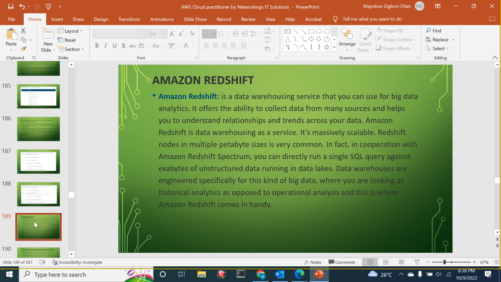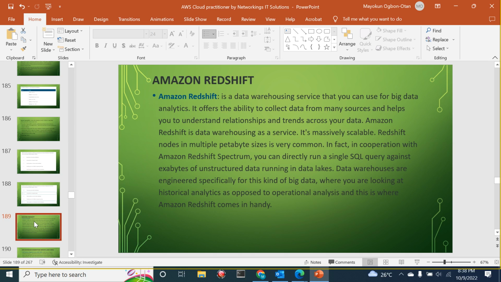In fact, in cooperation with Amazon Redshift Spectrum, you can directly run a single SQL query against exabytes of unstructured data running in data lakes. Data warehouses are engineered specifically for this kind of big data, where you are looking at historical analytics as opposed to operational analysis. And this is where Amazon Redshift comes in handy.